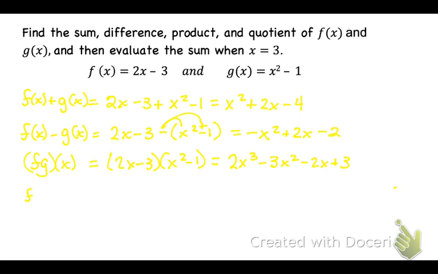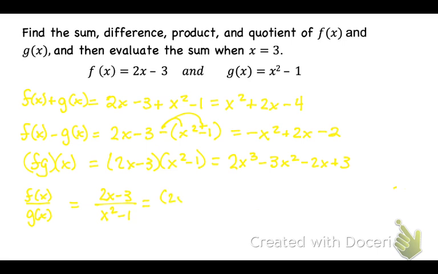And then f of x divided by g of x. So 2x minus 3 over x squared minus 1. And if I can factor, I should factor to see if I can reduce. Can I factor the numerator? Nope.